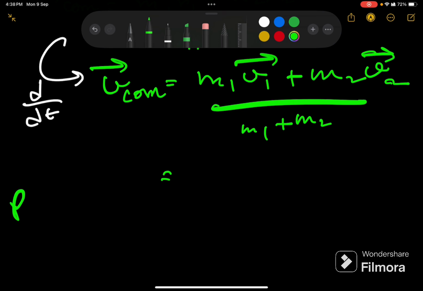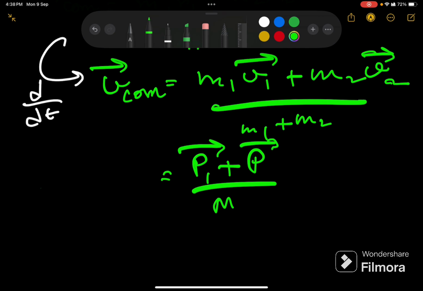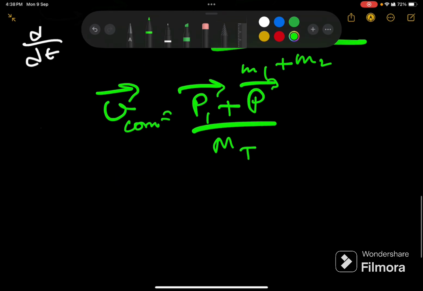As you guys know, momentum p equals mv. So define it: p1 vector plus p2 vector by m1 plus m2, which is the total mass of the body, and v is the center of mass velocity. So you can get a formula.